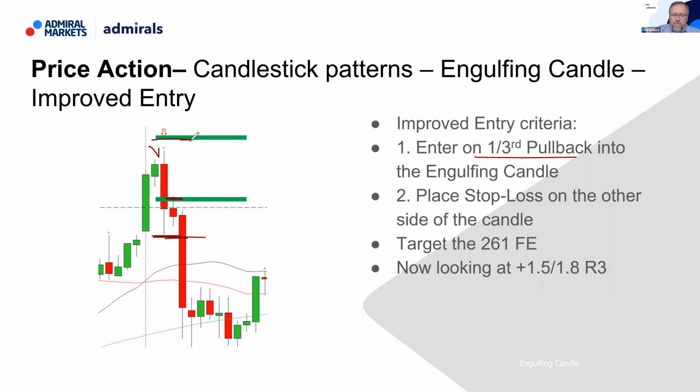Your stop is in the same place above the high, but now you're looking to target the 261 fib extension. So instead of a 1-to-1 reward to risk, you're starting to push it towards about 1.5 to 1.8 reward to risk, depending upon the instrument and the time frame.